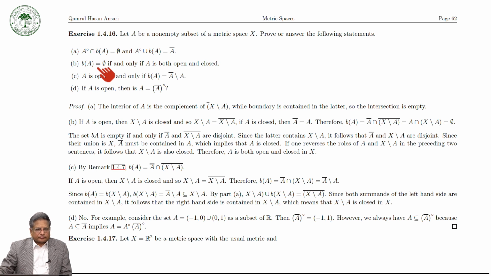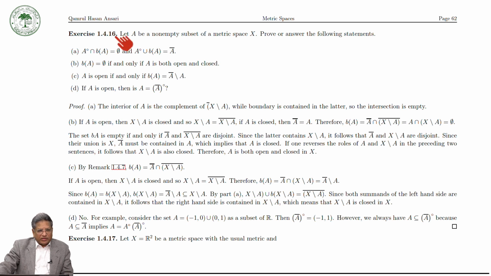Now the third statement is: A is open if and only if the boundary of A is equal to the closure of A minus A. Then it is your boundary of A, which you can follow from this remark, which says that the boundary of A is equal to this thing.